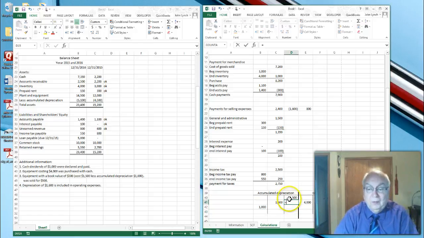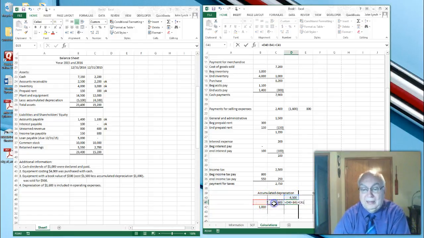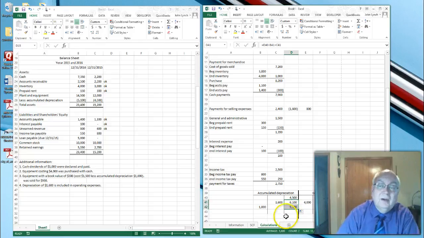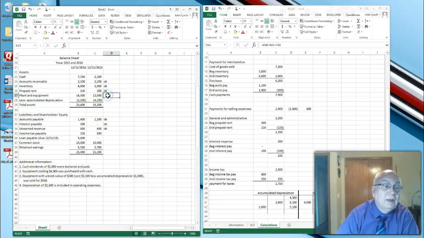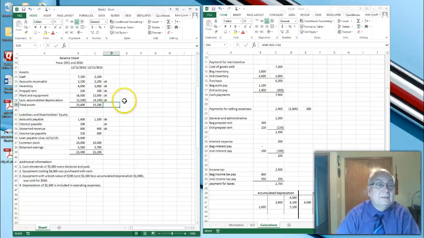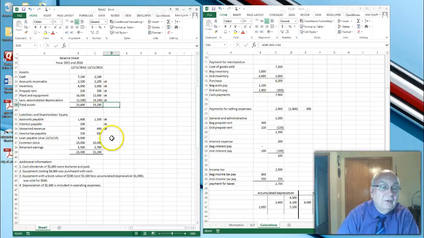So we can have this one minus this plus that, 5,100. So if we look on our balance sheet, right here, that's now accounted for because that's the balance we have, and we have 5,100. Okay, so this is all accounted for.